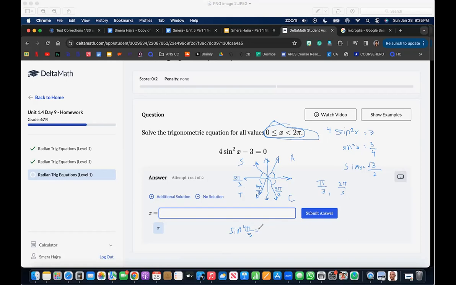So this is going to be negative root 3 over 2. But in the equation, they do say it's squared, so all those wind up being positive. So all those actually do work. You do want to include those two last angles, 4 pi/3 and 5 pi/3.